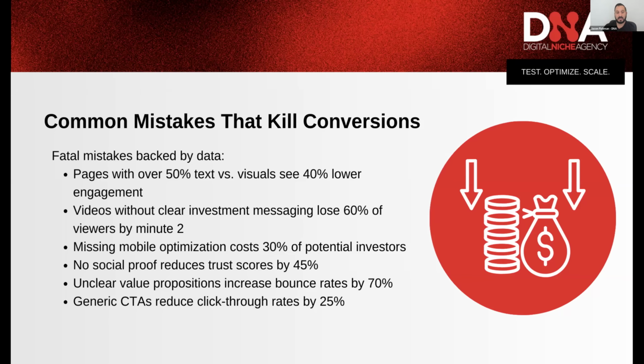particularly if you don't have a lot raised. No social proof reduces trust scores by 45%. You can always use more social proof. It may need to be layered into your offering page properly, but I don't typically say things such as too much social proof, too much third-party validation. There's too many people saying great things about this offering. We get it.